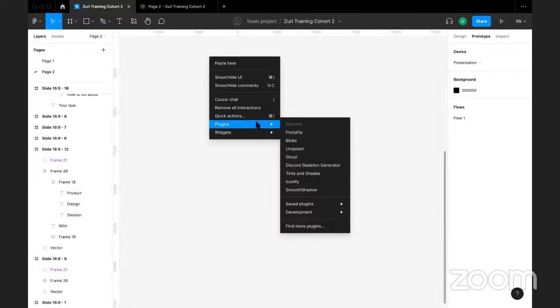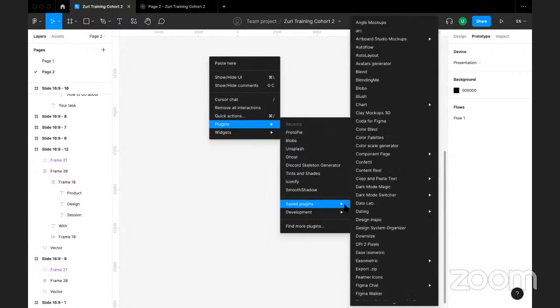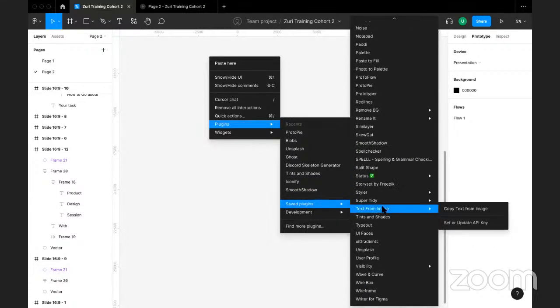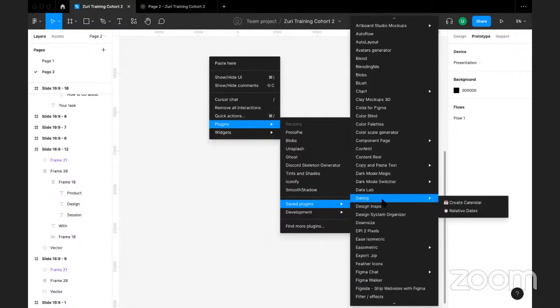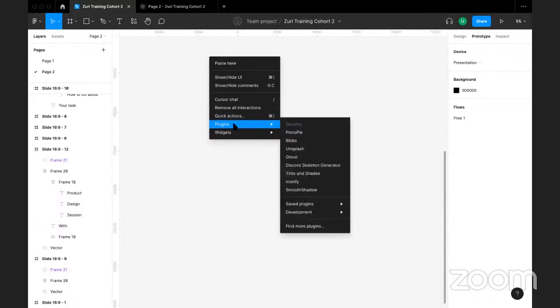And with what Figma just did recently, with their latest updates, they try to categorize your plugins for you. Do you understand? Instead of when you click plugin here, you get to see all the plugins you've installed. My plugins were like, can you see? Trust me, I don't really use all of them. There are a lot. My plugins are more than 20.